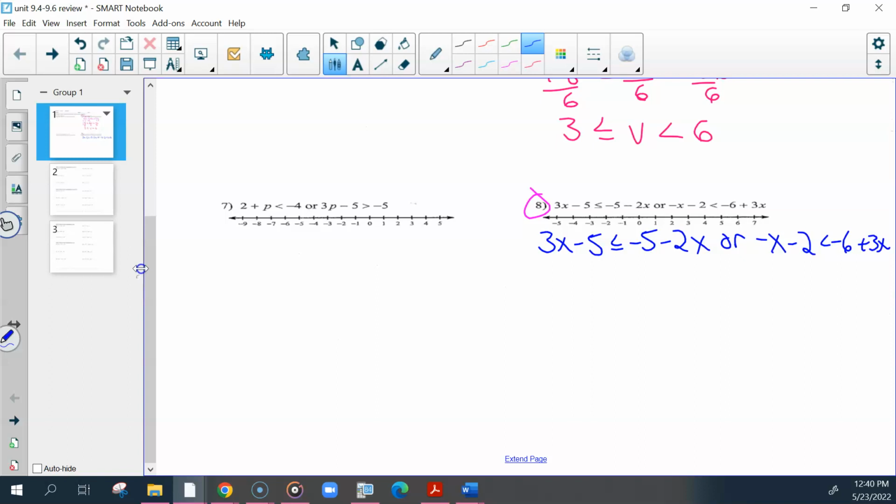You have 2 different inequalities separated by an or. So that means we're going to solve these separately. Whatever you do to one, you are not doing to the other. So let's say we start with the one on the left. I'm going to move my 2x to the left by adding it, and at the same time, move my 5 to the right by adding it.